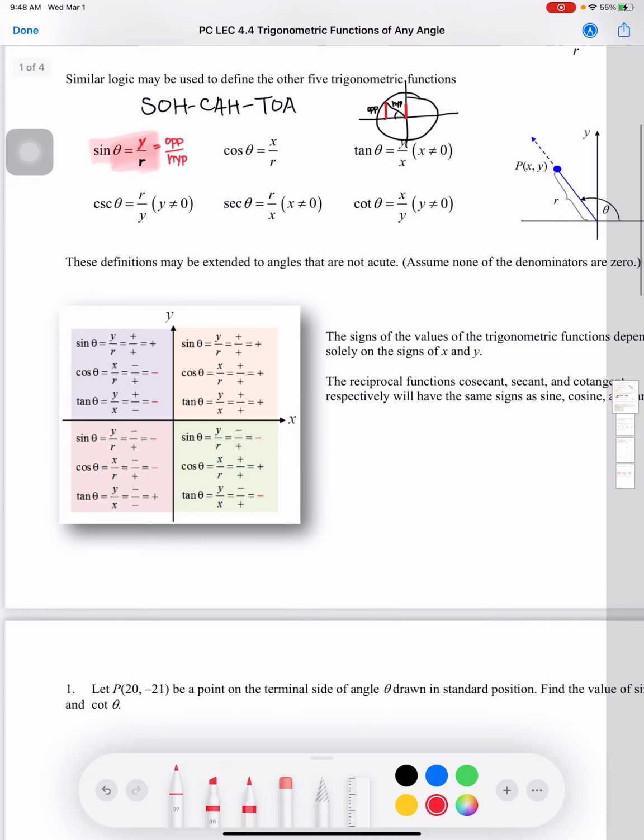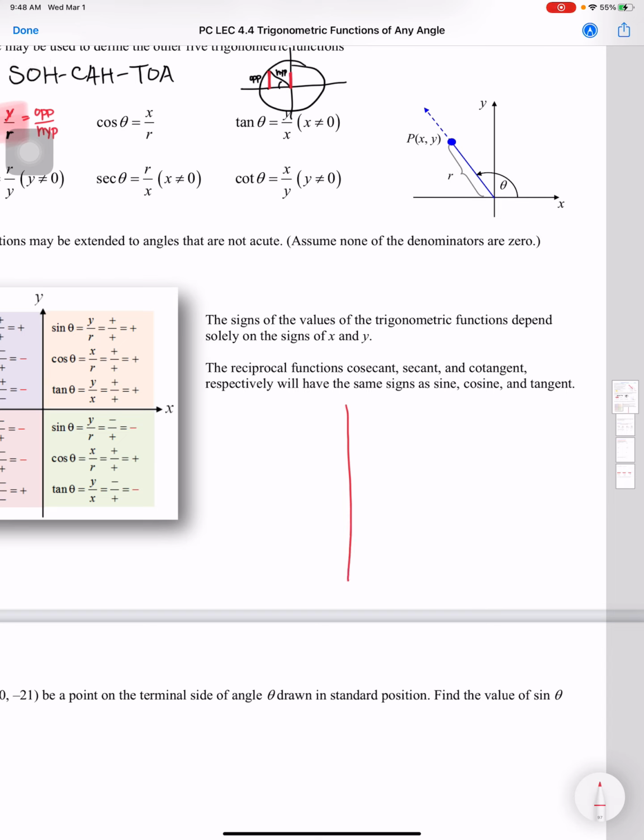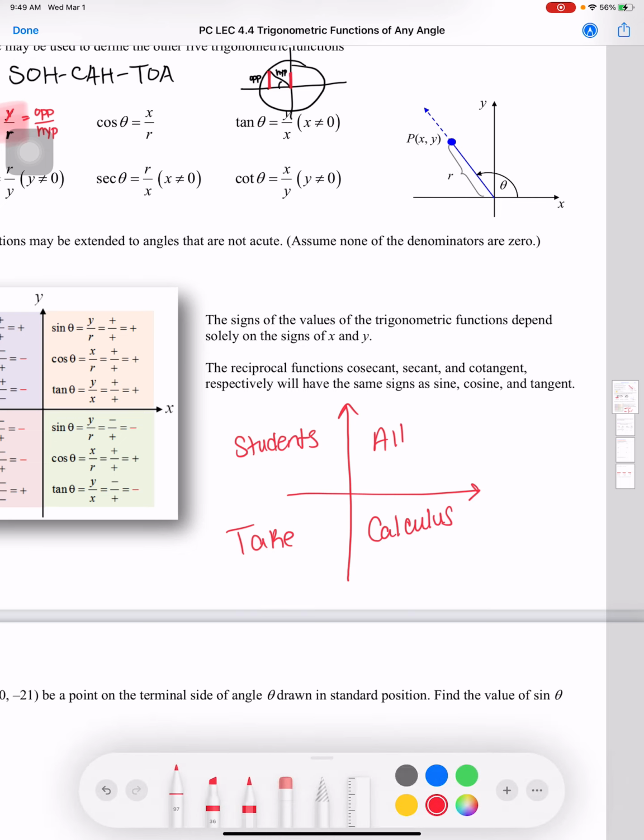I thought we had a little chart on here to help us remember. There's a saying: all students take calculus. What that means is, if I add this in here, all means that sine, cosine, and tangent all have positive ratios in that quadrant.